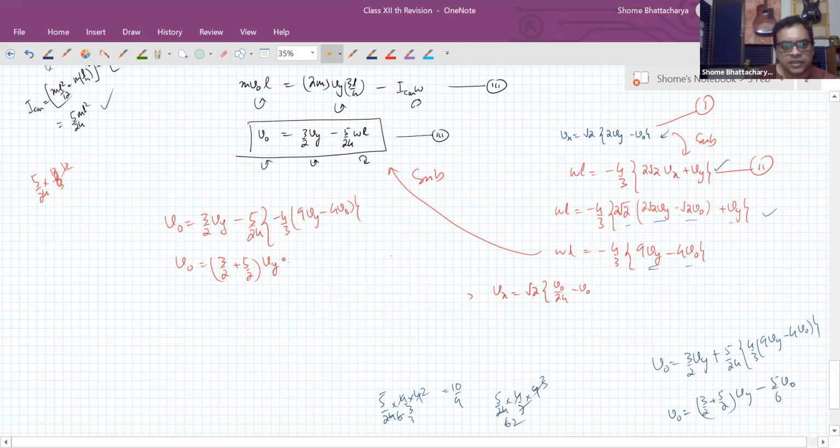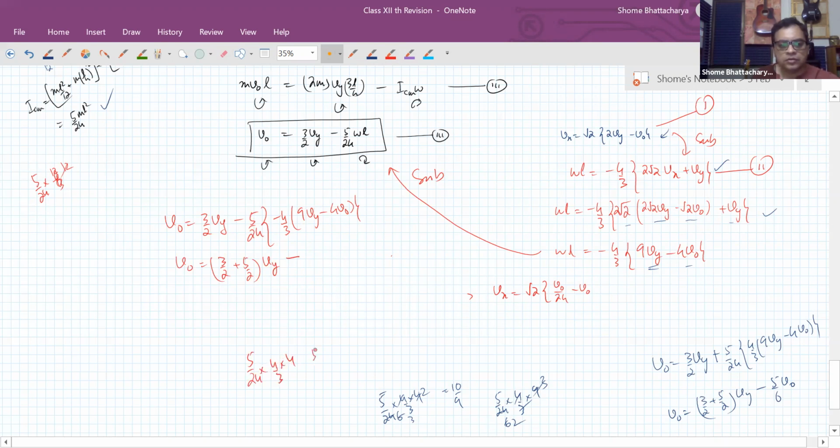So ये टर्म कितना आ जाएगा अपने पास? प्लस आएगा फर्स्ट ऑफ ऑल. अल्टीमेटली माइनस आ जाएगा. 5/24 into 4/3 into 4.